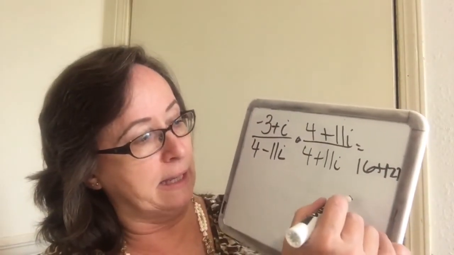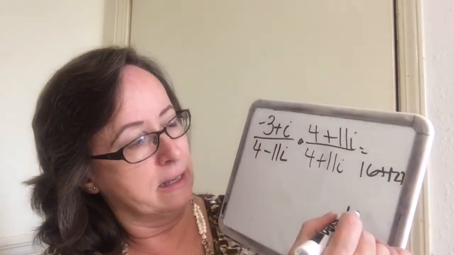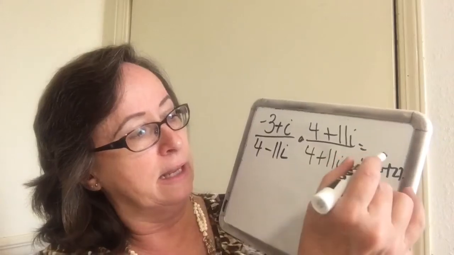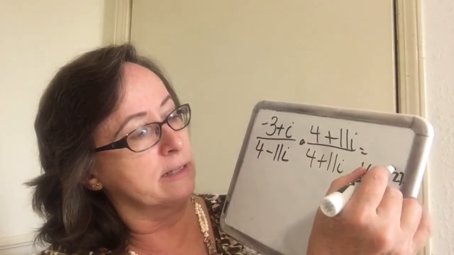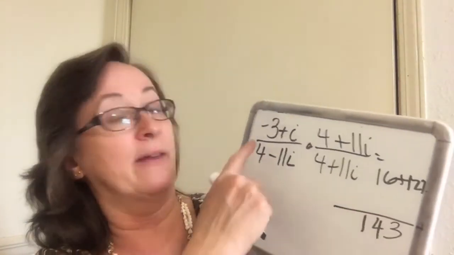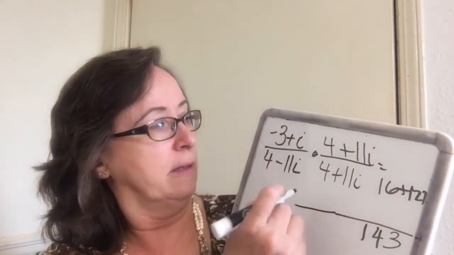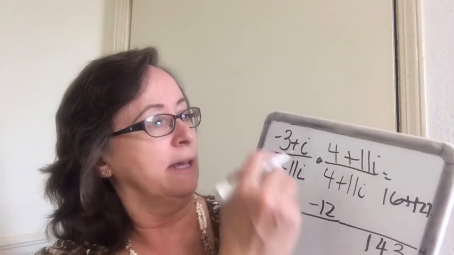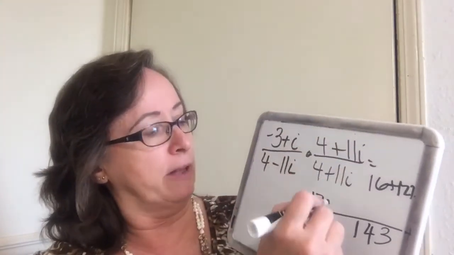And that's going to be 143, check my math. Okay, on the numerator, I have to FOIL. So I'm going to have negative 3 times 4 is negative 12. Outside is negative 33i.